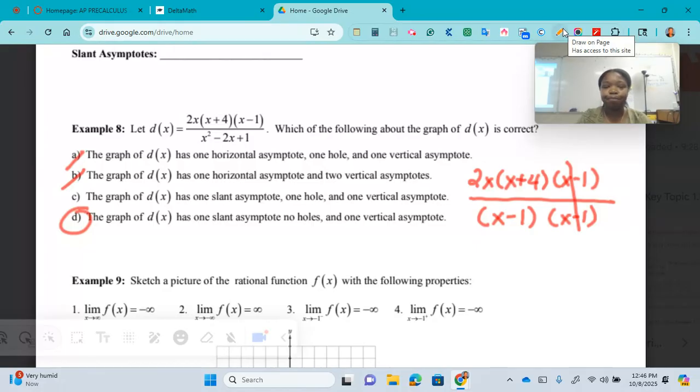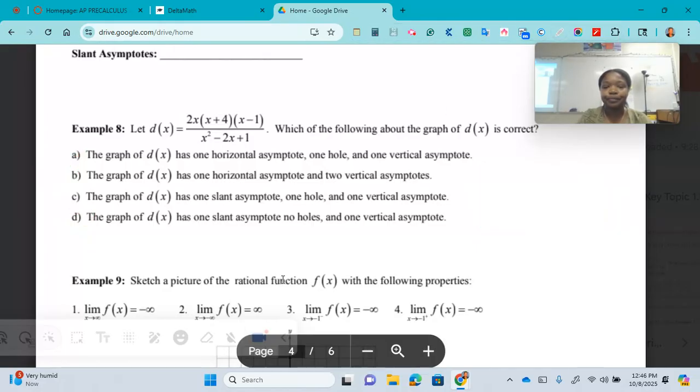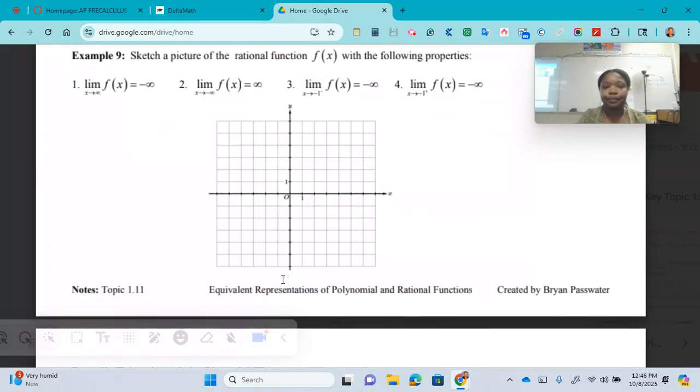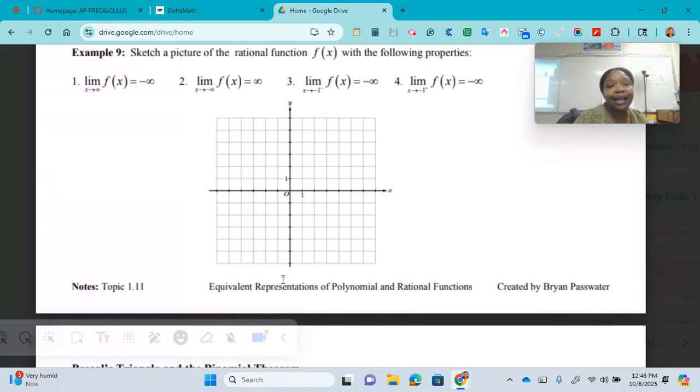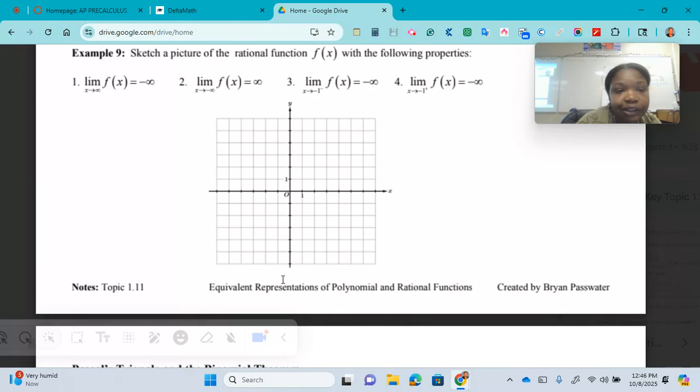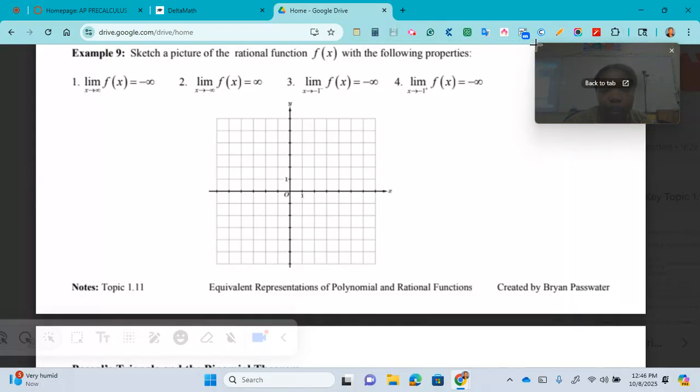All right. So as x approaches, we're going to have a vertical asymptote at -1. So vertical asymptote at -1.